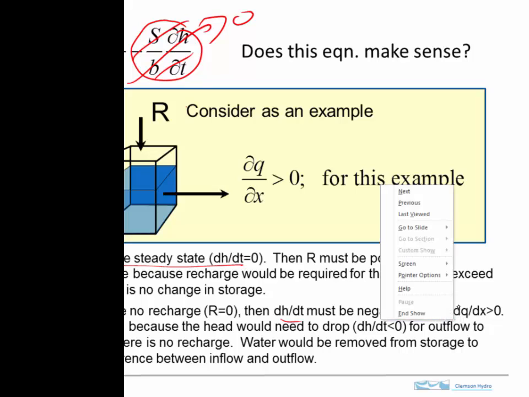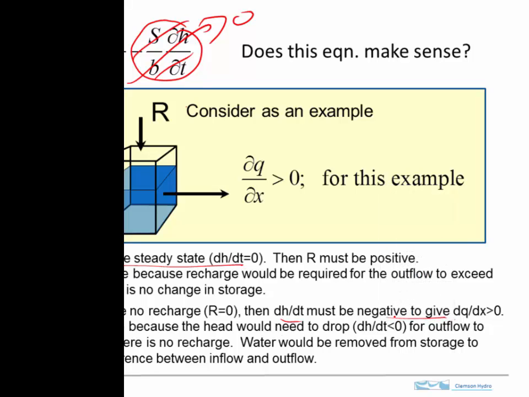So under steady state conditions, R must be positive. If R is positive, then dq dx is positive. So if dq dx is positive, that means that the flux entering is less than the flux exiting.